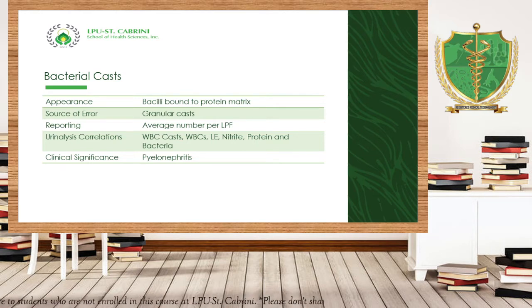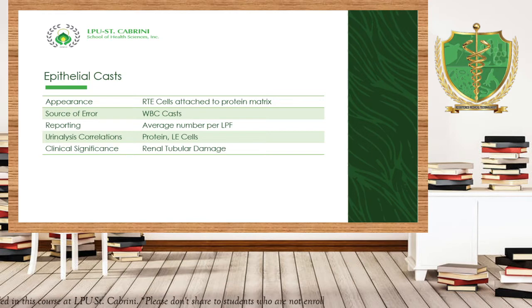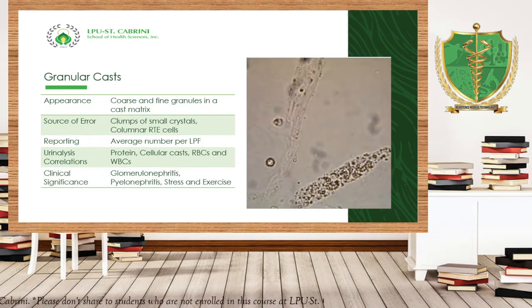The most common renal disorder wherein you can see bacterial cast is pyelonephritis. Epithelial cast is RTE cells attached to the protein matrix, and that is clinically significant with renal tubular damage. Didn't we say RTE is correlated with renal tubular damage or tubular injury? So our epithelial cells will also be correlated with renal tubular damage.